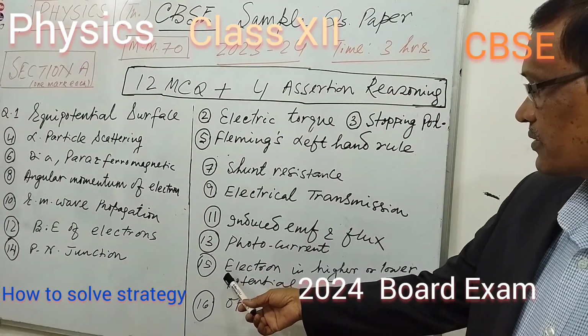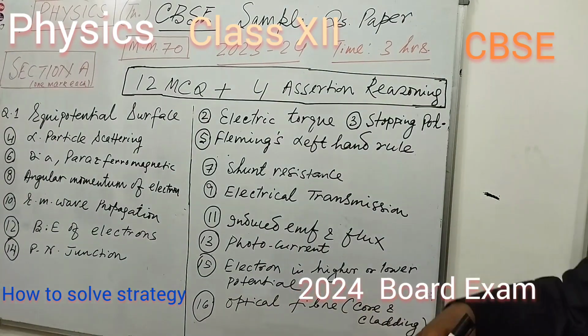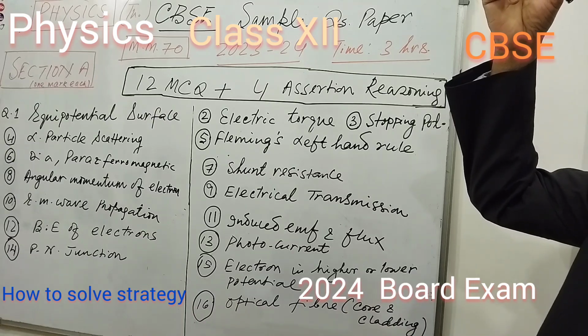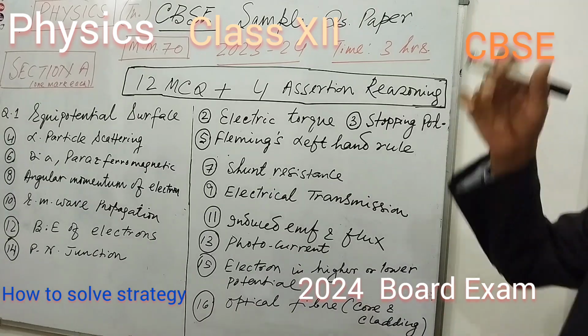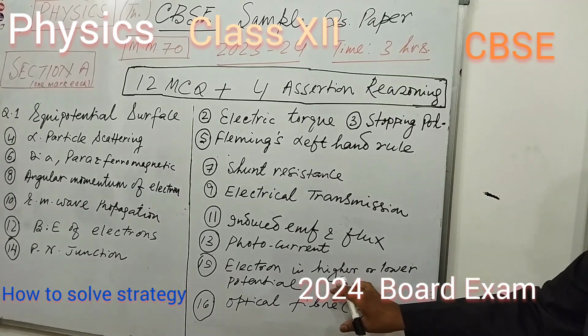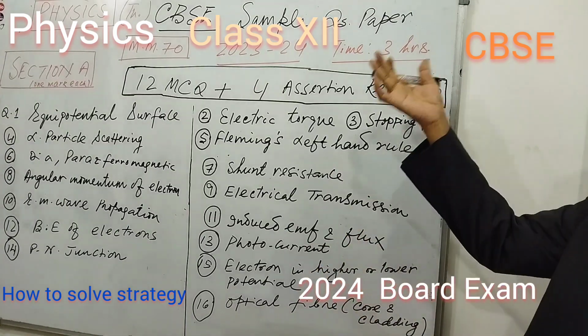Similarly, question 15, electron in higher or lower potential. When the electron is coming from the negative toward the positive or from the positive toward the negative, the concept of the electron's potential, and whether it will be maximum or minimum and in which case.